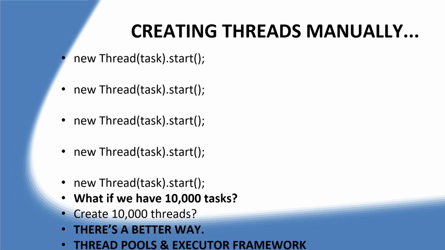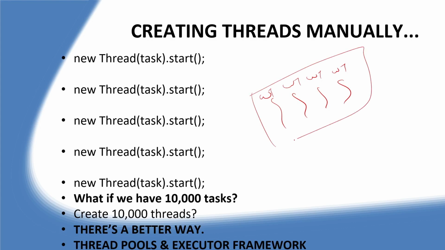So what if we could create a controlled set of reusable worker threads? Imagine you have reusable worker threads, and we have 10,000 tasks. What is meant by reusable? That means these 4 threads will keep completing tasks.